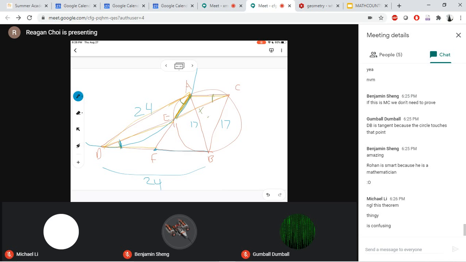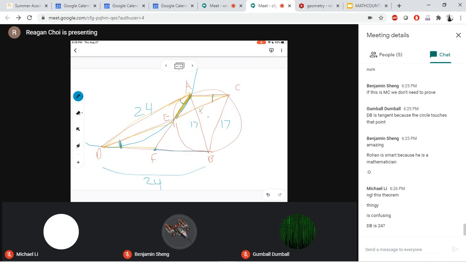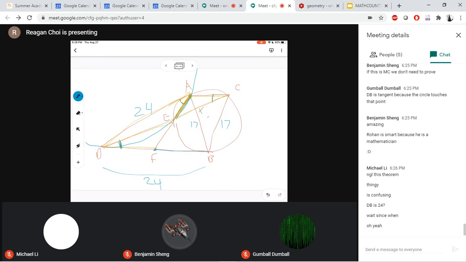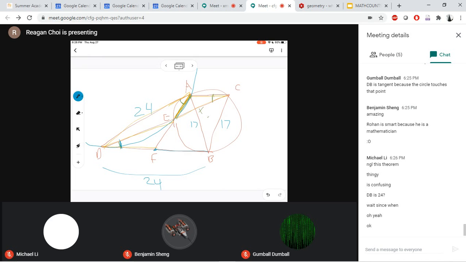We have to involve F somehow. Yeah, this is actually pretty hard. I think this is probably not MATHCOUNTS level at all. But whatever, I guess we can finish on a hard question.